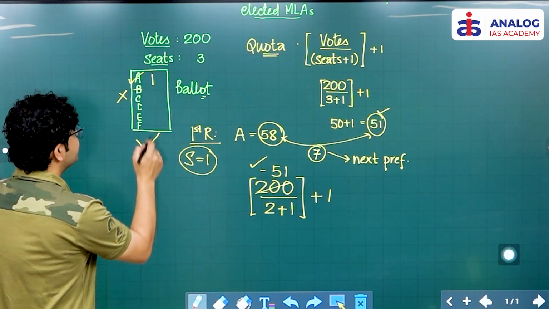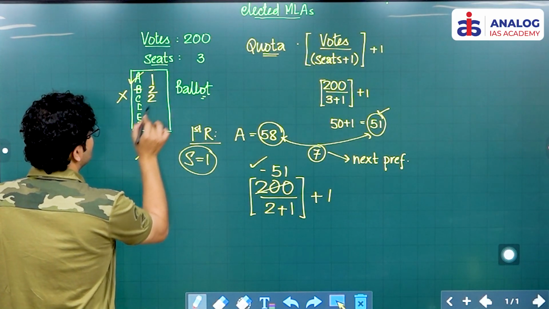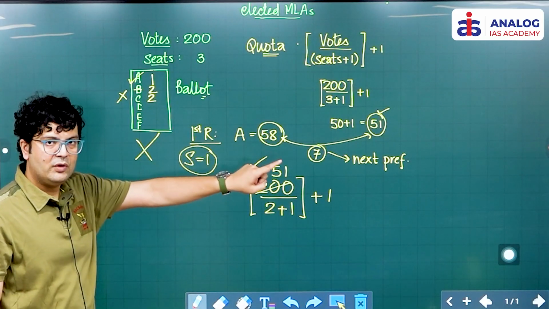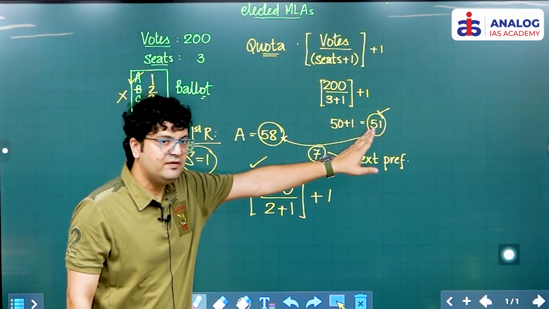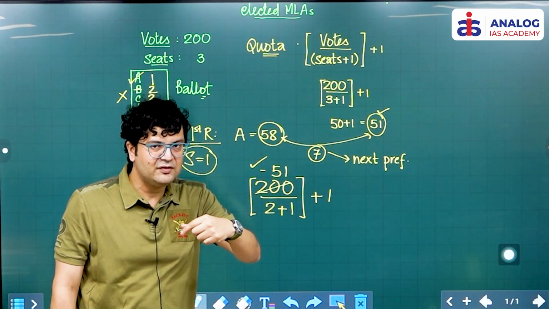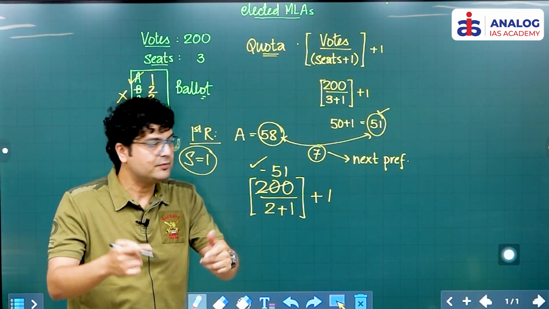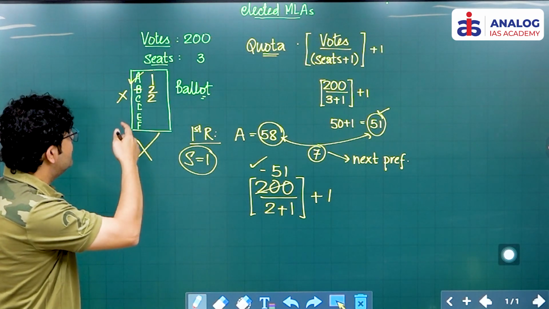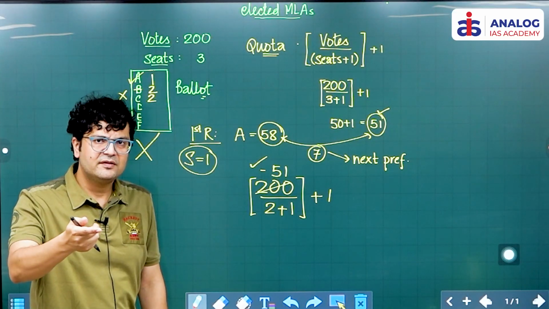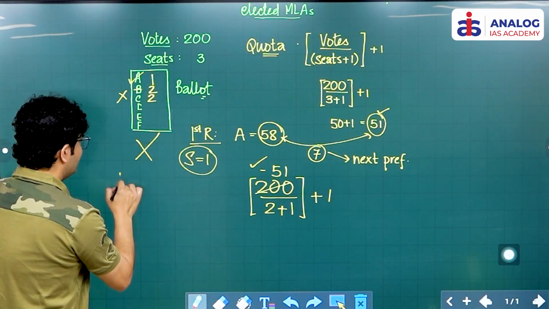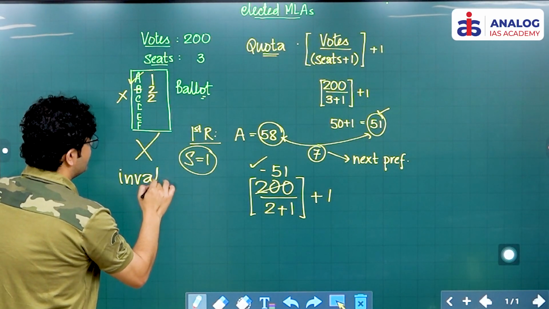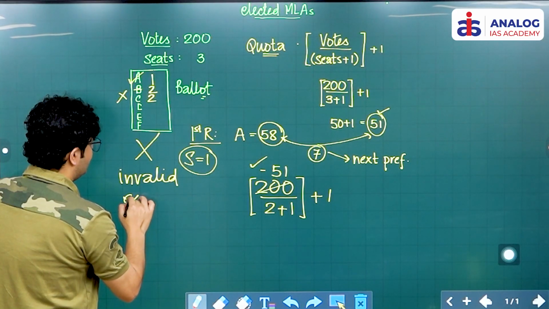Or if somebody marks like this, 2, 2. The first vote went to A, but since A already has received his quota of votes, all extra votes A receives have to be allocated to the next person. But here I find that both B and C have second preference. This means this vote becomes invalid. So votes can become invalid, votes can become exhausted.